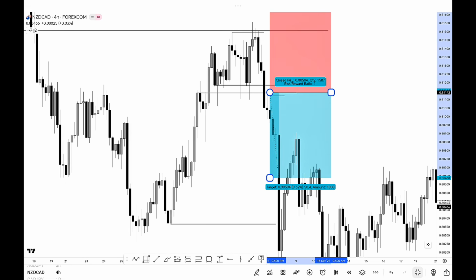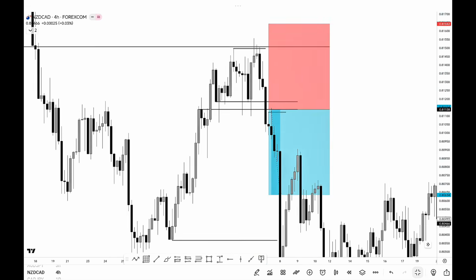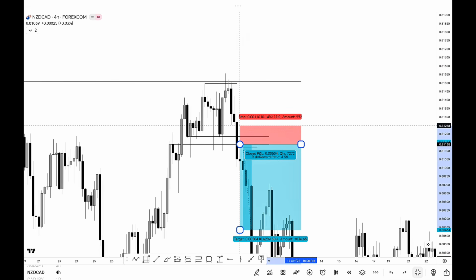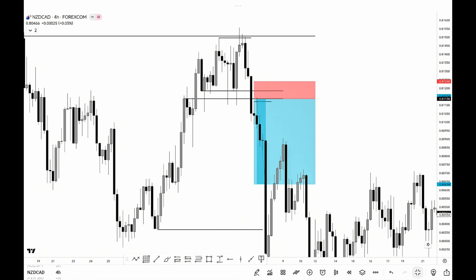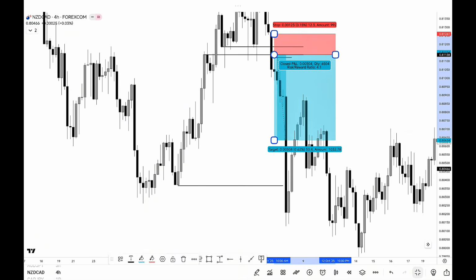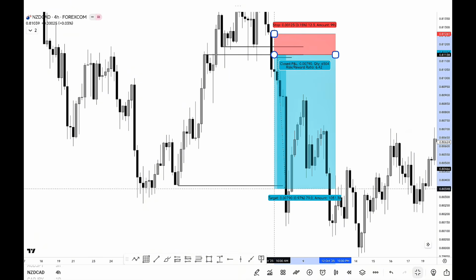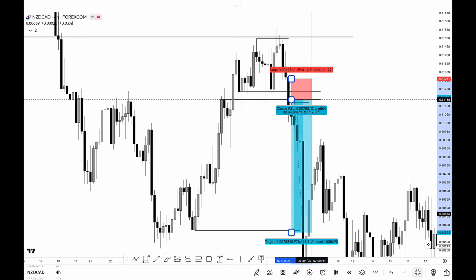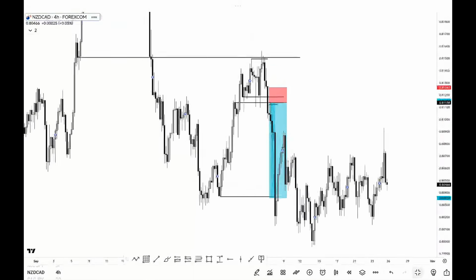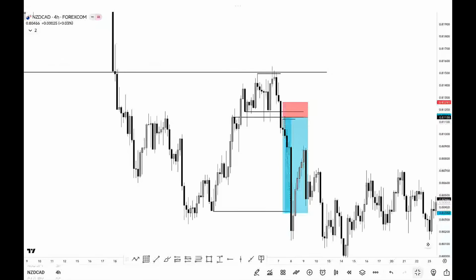From that distributed A-shaped key level, your SL is going to be above this whole imbalance so that you'll be protected, and your target is going to be this level. Take a look at how we frame that. This is from a weekly CRT level. Just take a look at this.